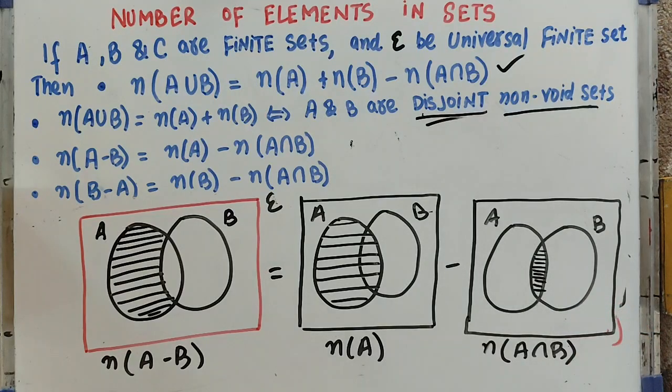Again, you can see A minus B will be equal to the number of elements in set A minus the number of elements which are common to A and B.